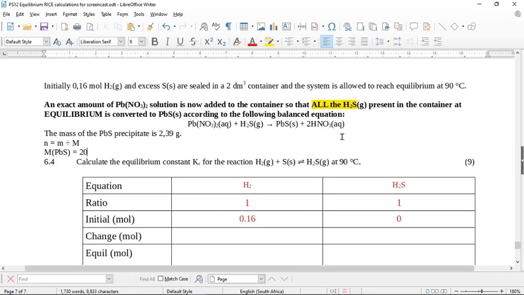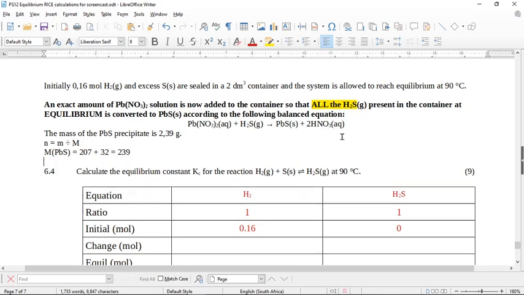Lead is 207 and sulfur is 32. So this is going to equal 239. Okay, so we can then find the number of moles of lead sulfide. Make sure you label your calculations nicely so that whoever's marking you can tell exactly what your calculation belongs to.